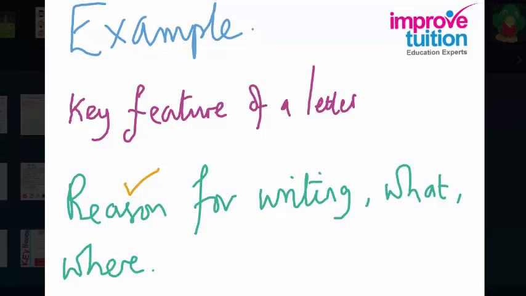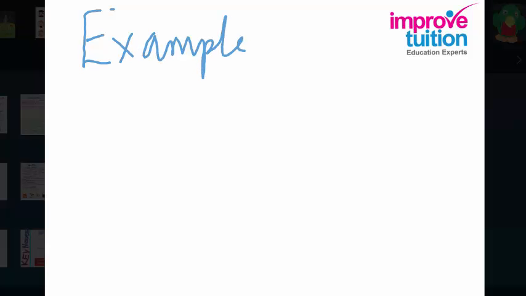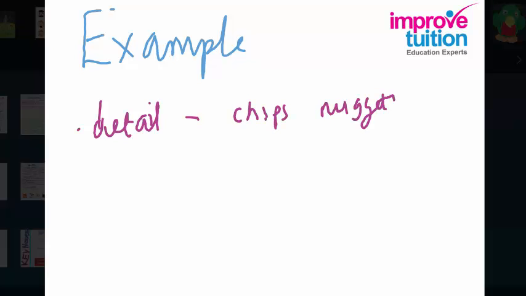There have been no fresh fruit or vegetables offered for the past 2 weeks. So they're complaining about what they haven't had. Also, the chips and nuggets are always very greasy and unappetizing. There have been no fresh fruit or vegetables offered for the last 2 weeks, is what we've just mentioned.